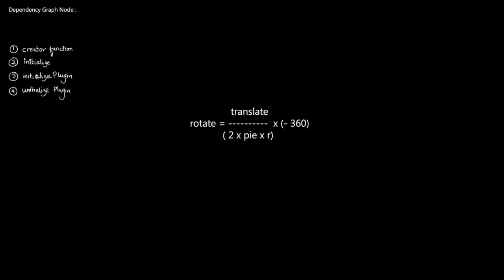So for example, if we have a node which has 3 inputs and 2 outputs, and a combination of input 1 and input 2 changes output 1, and a combination of input 3 and input 2 changes output 2. So if input 1 changes, there would not be any change reflected on output 2.